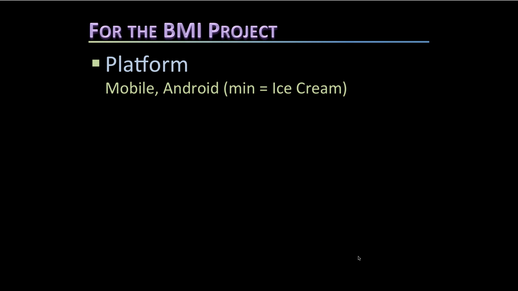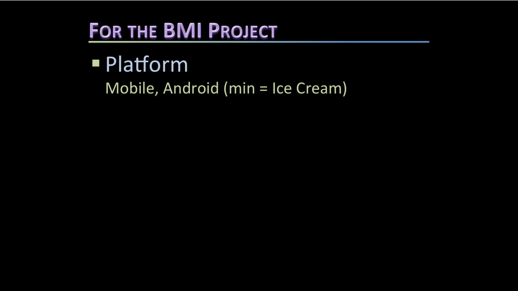Now, for the BMI project in particular, we're going to assume that the client wanted the platform to be mobile. Furthermore, it insisted that it has to be an Android environment with a minimum API level of Ice Cream Sandwich, or I. If you don't know this, the Android platform has API levels or versions, if you like, that go alphabetically from A to B to C, and it's always an interesting, colorful name.